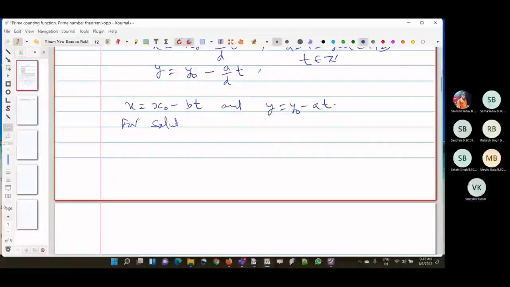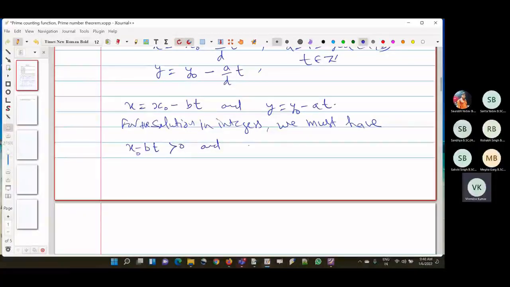So for positive solutions in integers, we must have X naught minus BT greater than 0 and Y naught minus AT greater than 0.